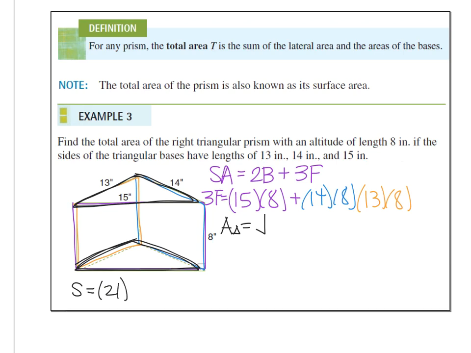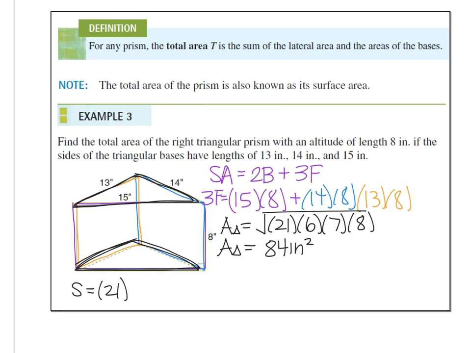If I add up 13 plus 15 plus 14 and then divide it in half, I get 21. So 21 times the difference of 21 minus 15 is 6, 21 minus 14 is 7, and 21 minus 13 is 8. So when I take the square root after multiplying all of those together, I see that the area of my triangle is 84 inches squared.